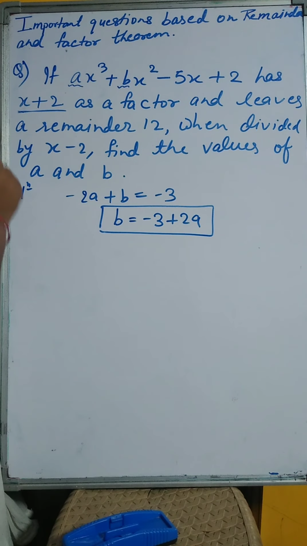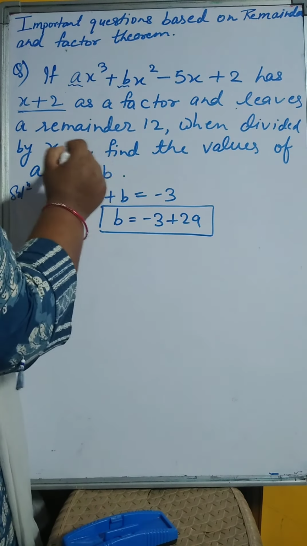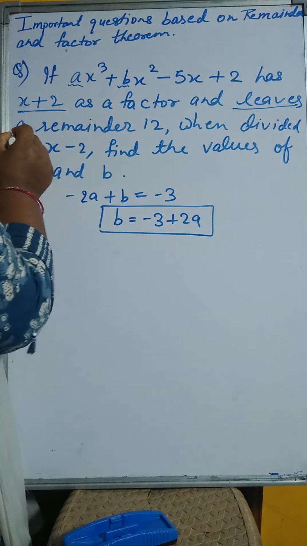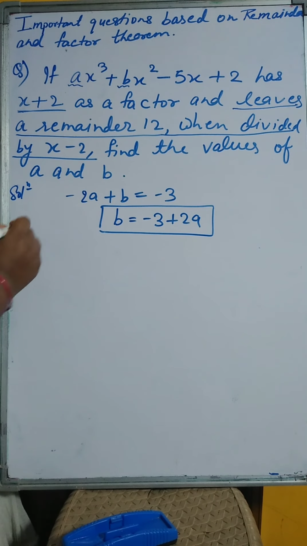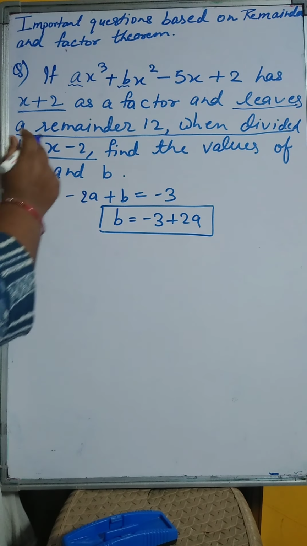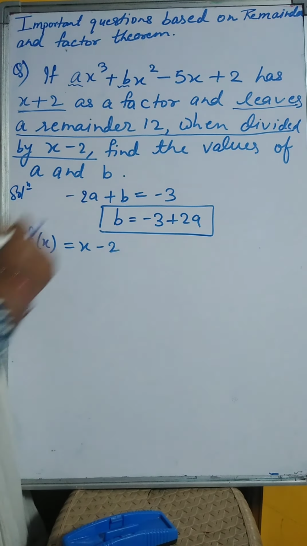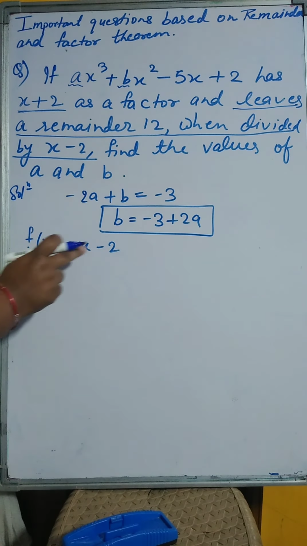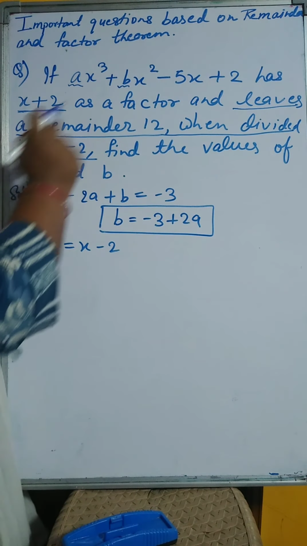Now you read another line: it leaves a remainder 12 when divided by x minus 2. So this time we will assume this x minus 2 as f(x), x minus 2. When the polynomial p(x) is divided by x minus 2, it leaves remainder 12.